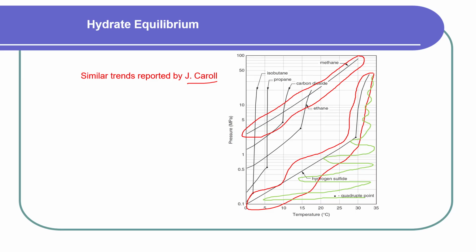And if you are operating in this zone, the one that I'm going to highlight now in yellow, this means that hydrate formation will take place. Anything in this region. Okay.